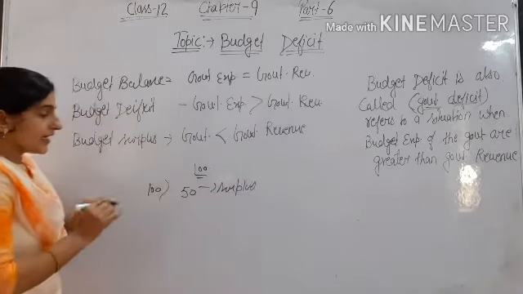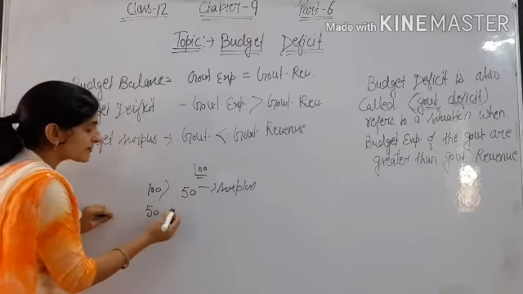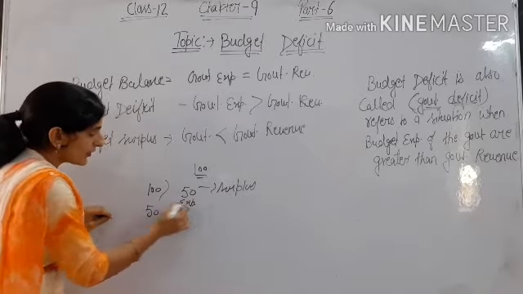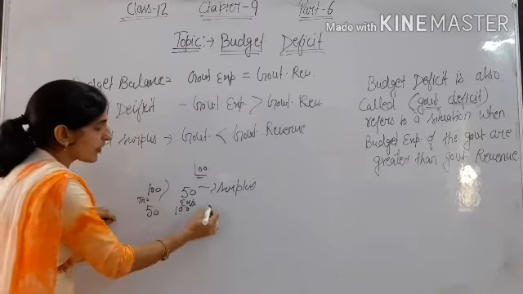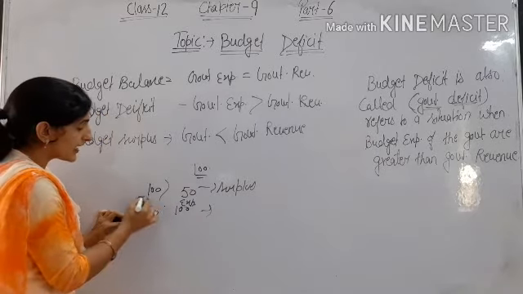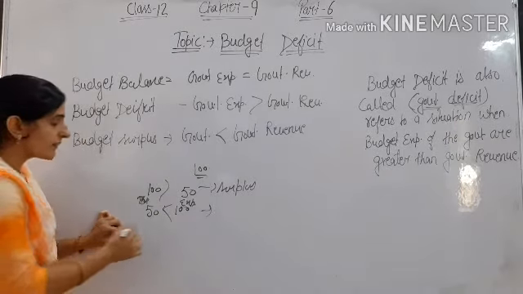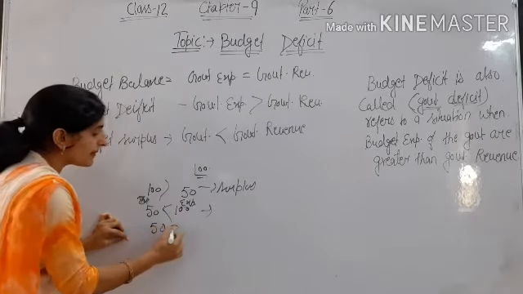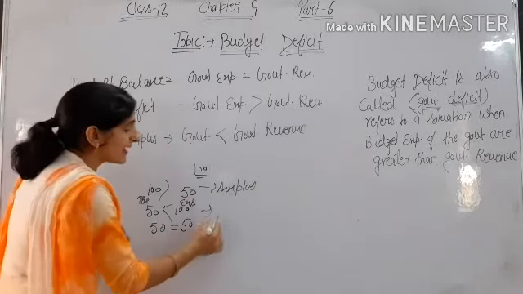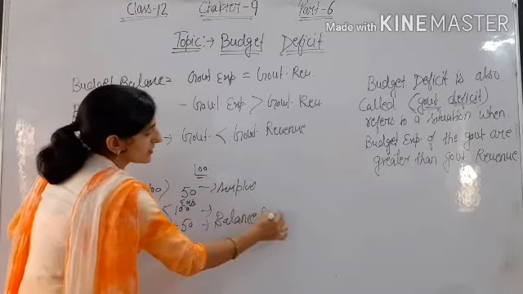If your income is 50 and your expenditure is 100, it means you have a budget deficit, because your expenditure is greater than income. If you have 50 income and 50 expenditure, then you have a balanced budget.